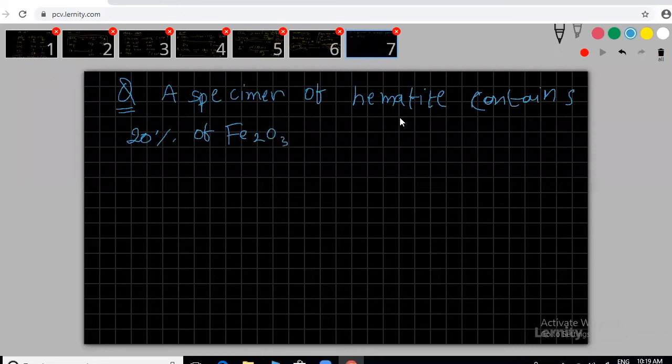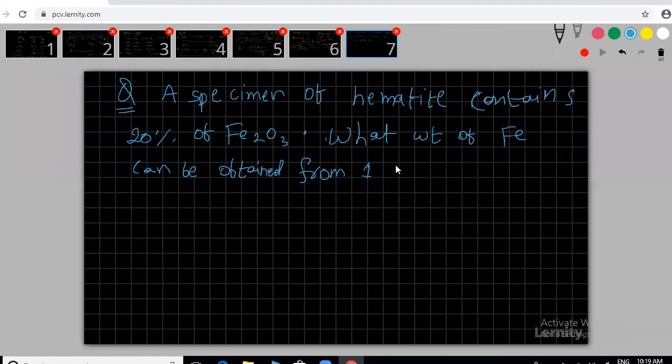What weight of iron can be obtained from 1 ton of hematite? 1 ton, sir. 1 ton.